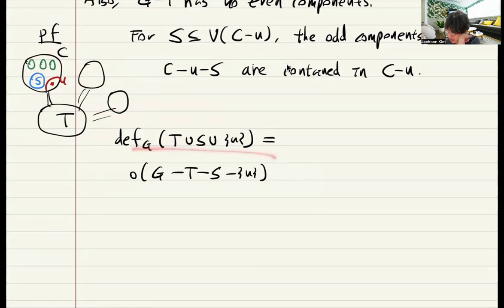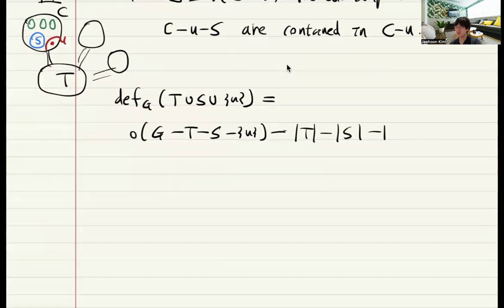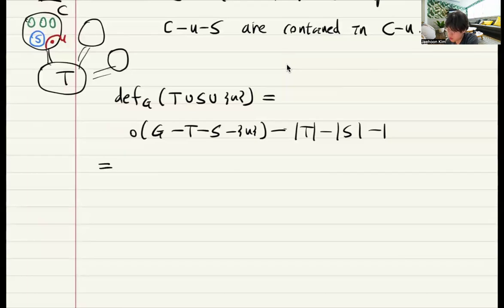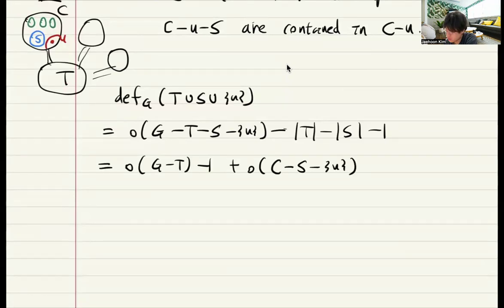By the definition, this is the same as the number of odd components minus T minus S minus 1, right? So here, the number of odd components once you delete this is the number of odd components in G minus T minus 1, which is counting these two. And then we have to add the number of odd components in C minus S minus U. And we have this T minus S minus 1.